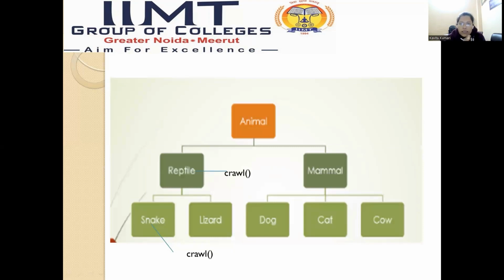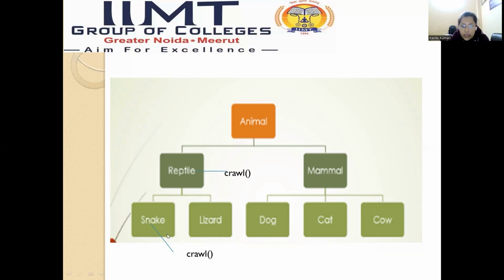Now let us take an example. Say I'm having a class hierarchy as animal, where animal is further divided into reptile and mammal, and the reptile class is further divided into snake and lizard, and the mammal class is further divided into dog, cat, cow. Now, if I'm taking this hierarchy, my reptile class has a property to crawl, meaning a reptile can crawl.